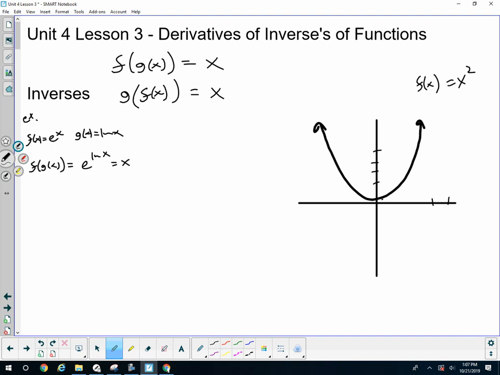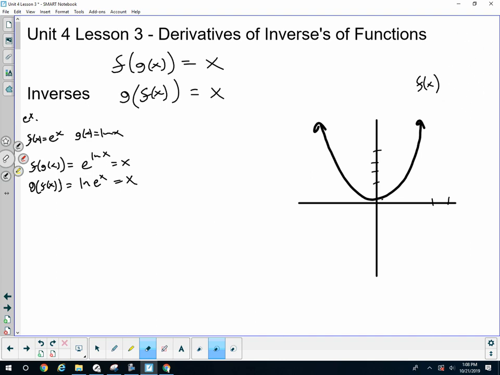We've talked before about how that's x. If we did g of f of x, we would plug f of x in for x on g. This would be log of e to the x, and we said that's just x, okay? And that's great. But let's look in more general terms.